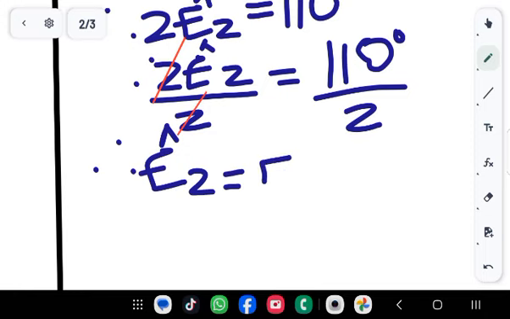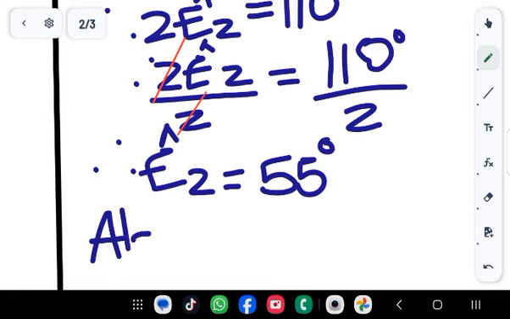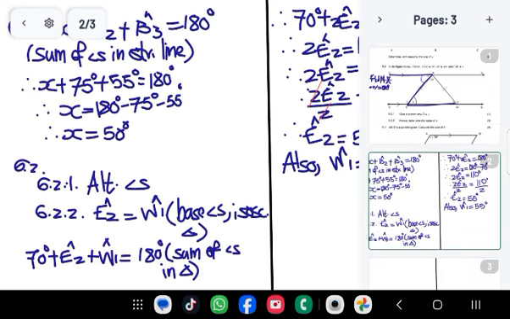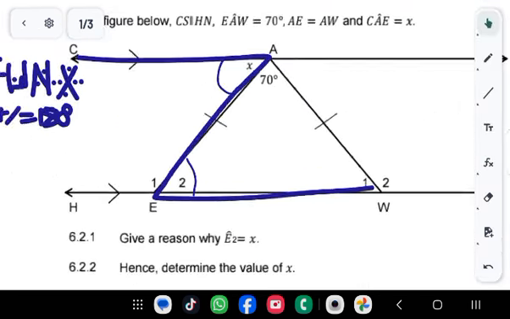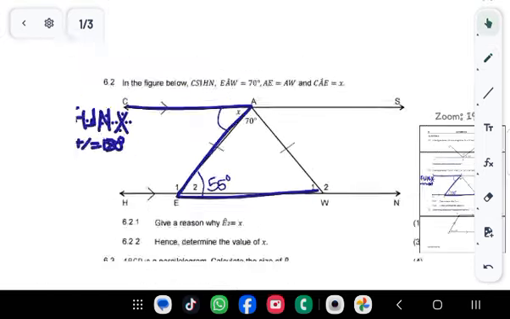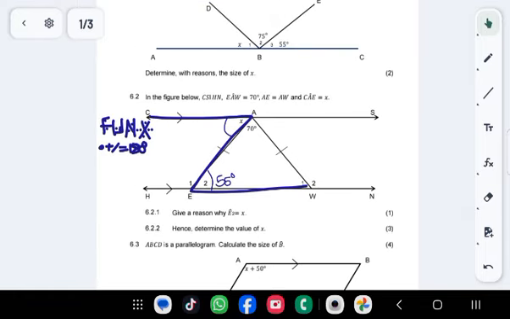So angle E2 equals 55 degrees. But remember, angle E2 equals angle W1. So angle W1 is also 55 degrees, meaning that if angle E1 equals 55 degrees, then angle X equals 55 degrees.